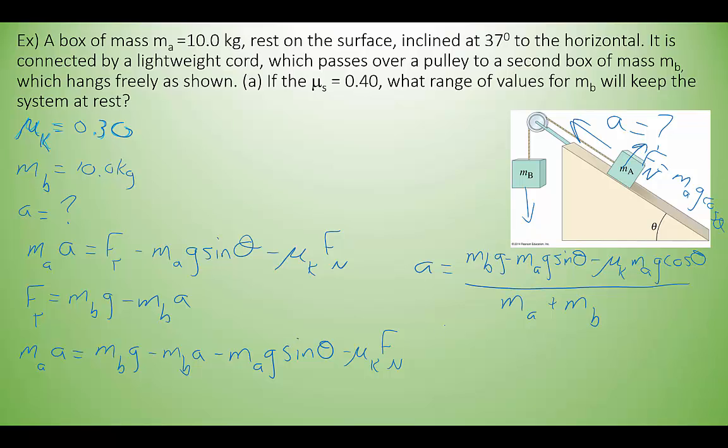And we end up with 10 times 9.8 minus 10 times 9.8 times sine of 37 minus 0.30 times 10 times 9.8 times cosine of 37, all over 20.